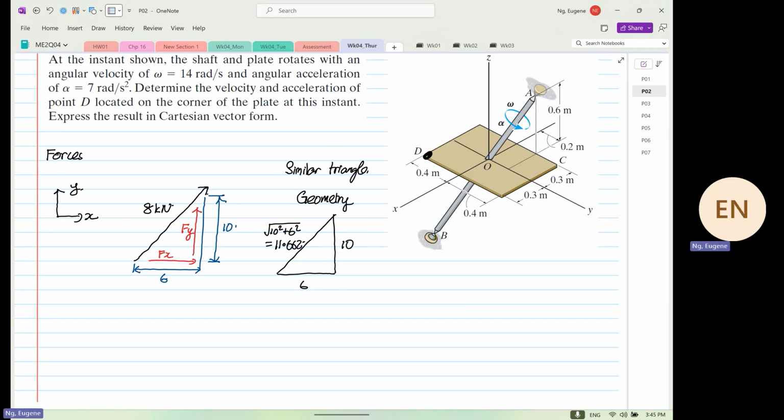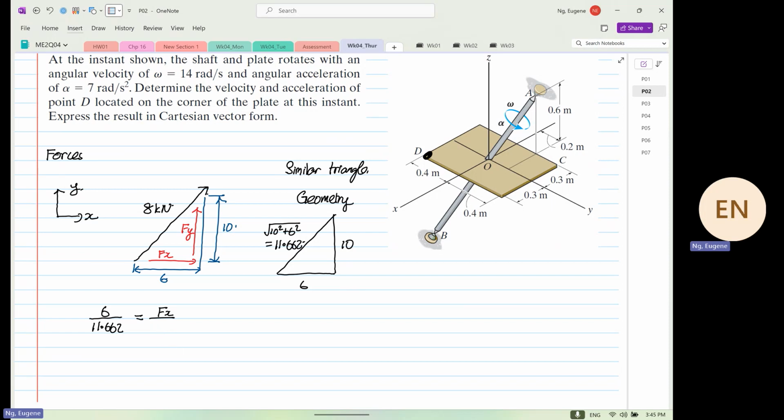So we can find that 6 over 11.662 is equal to Fx over 8 kilonewton.